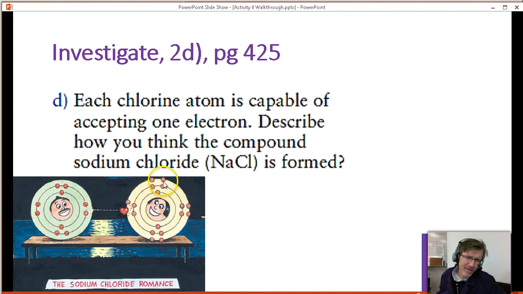This guy over here is 2, 8, 7, which means it has 17 electrons. It had 17 on the outside, but now it's grabbing one because it would really like to have 18. That's a hint. Let's see.